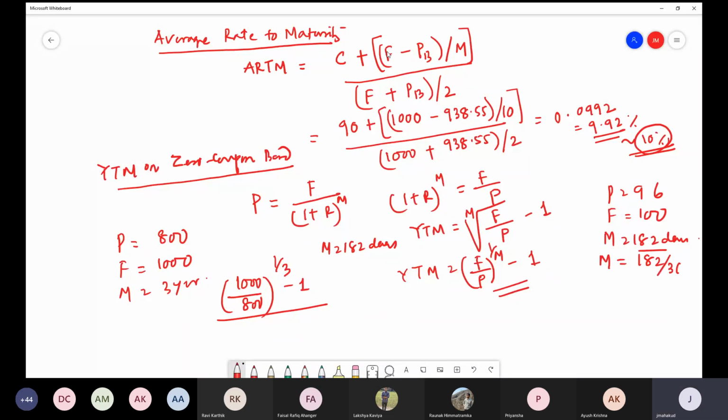Then your YTM will become 100 divided by 96 to the power 365 by 182, minus 1. That will be equal to 8.53%.